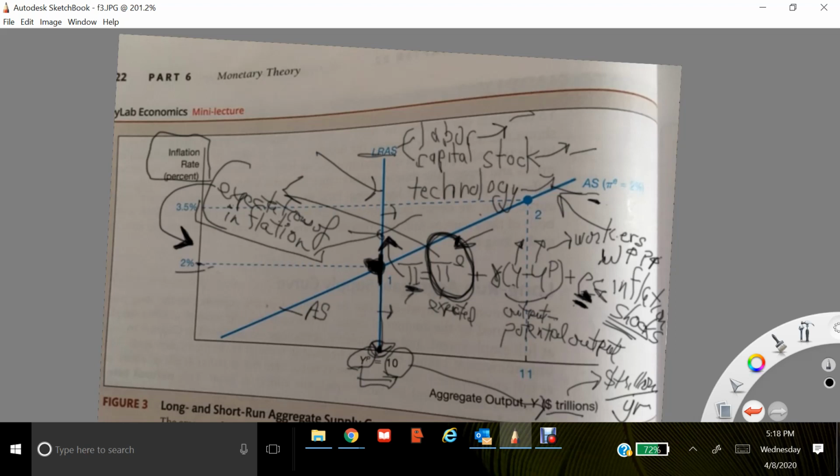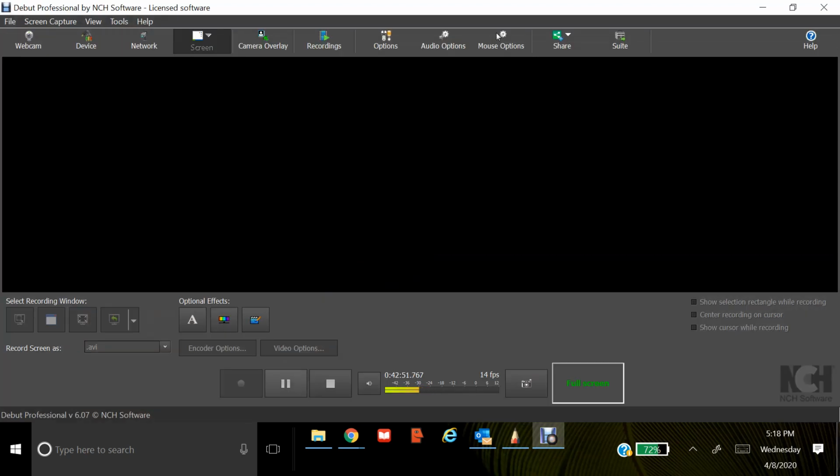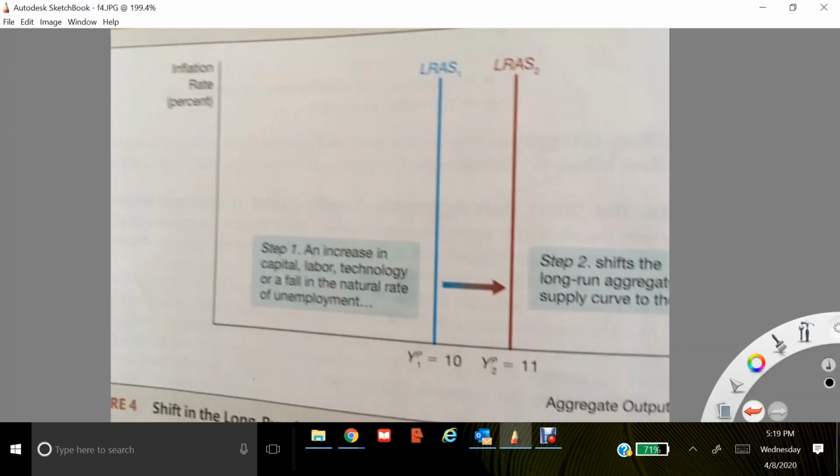What would occur? Okay. So let's stop for a second. Okay, so now I'm looking at page 524, figure 4.